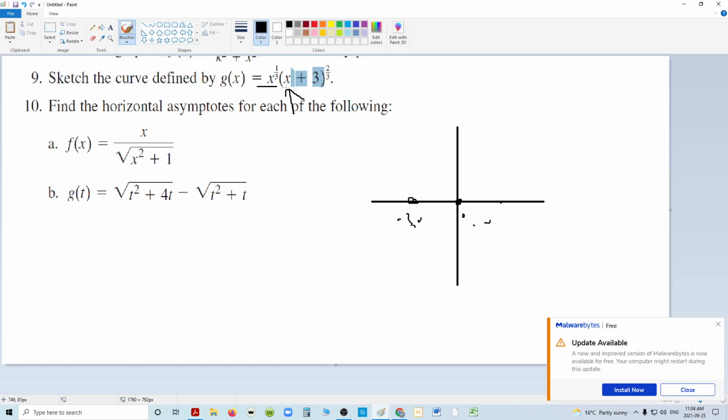Now, when this goes above negative 3, in other words, when it's on the right side of negative 3, this whole thing will stay positive no matter what. But when this thing goes to the left of 0, this whole thing becomes negative, which means we're dealing with something like that. For everything to the left of negative 3, this still stays positive, but this stays negative. Ah, interesting.